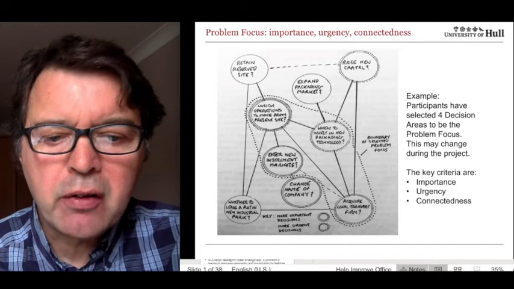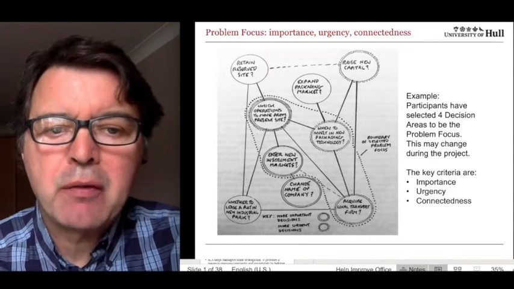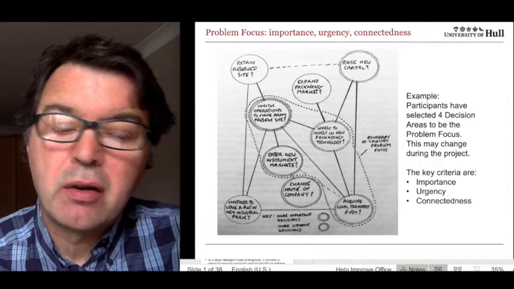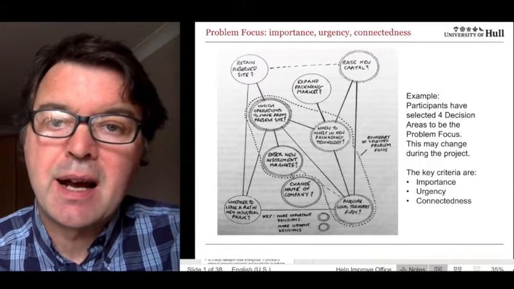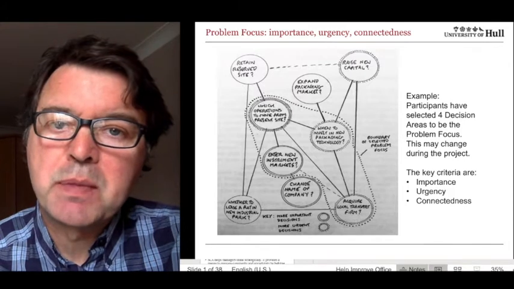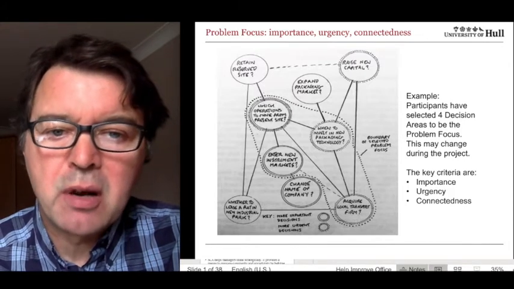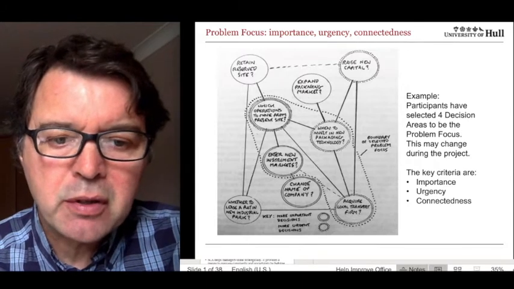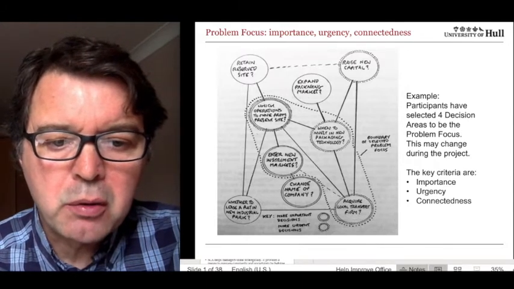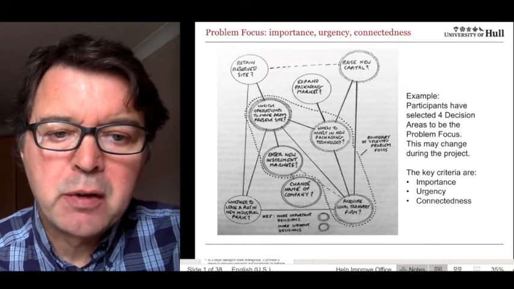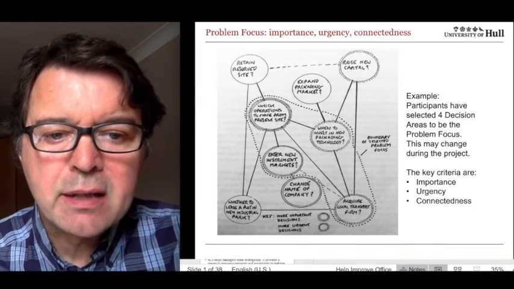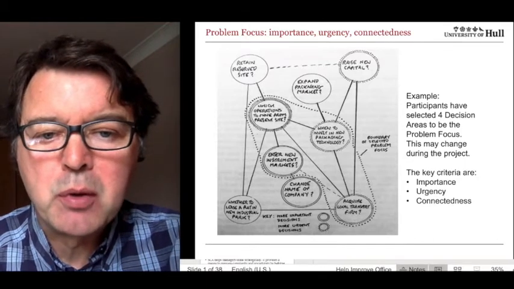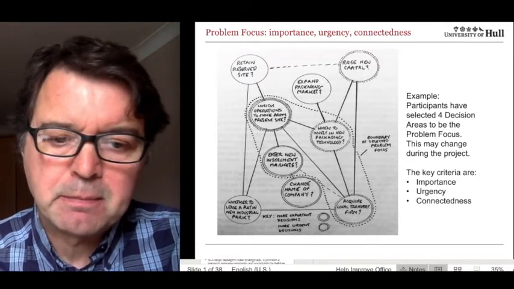Then we've got dashed lines around the outside of decision areas which we think are urgent. There's obviously a time element to those particular decision areas. We can see that urgent ones are raise new capital, acquire local transport firm, when to invest in new packaging technology, and which operations to move from the present site.